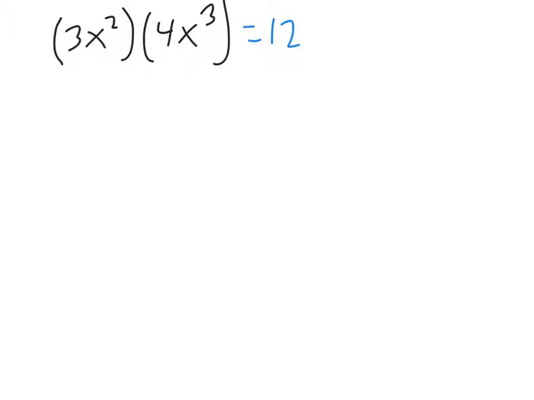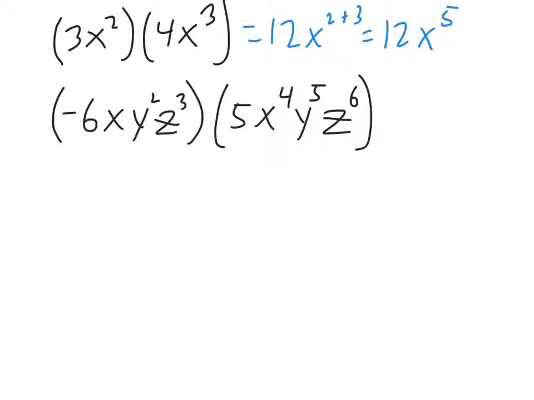Remember, that's when you add the exponents. So that'll give us x to the 2 plus 3, so 12 x to the 5th. And you don't have to always write this step out. If you know automatically 2 plus 3 is 5, you can just write 5. And that's the answer there. So 3x squared times 4x cubed will give us 12x to the 5th.